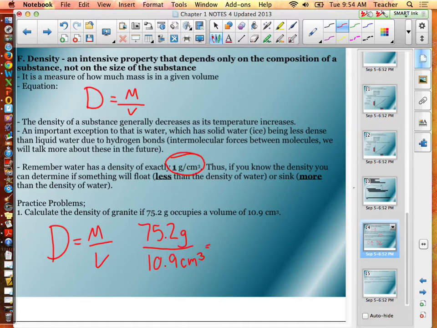I'm going to divide those out on my calculator, and I get 6.899082 and so on. You have to round it to the correct sig figs. In this case, our answer can have 3 sig figs. So with rounding, we get 6.90, and then we have our units, which are grams per centimeter cubed.